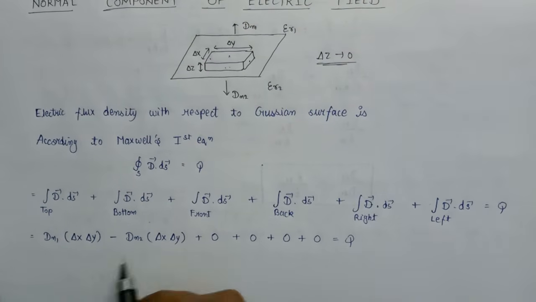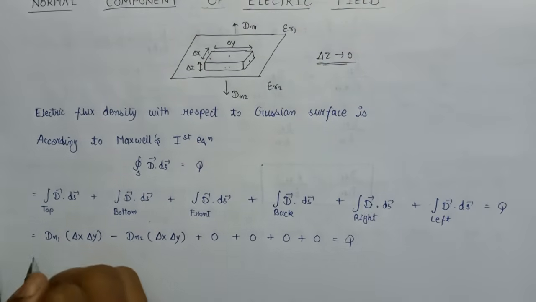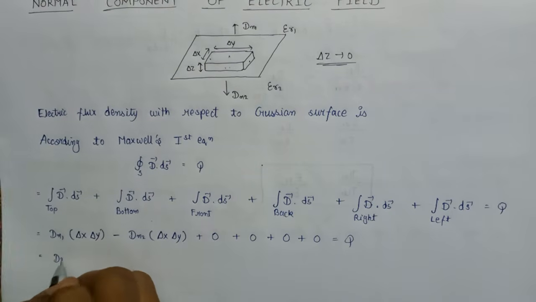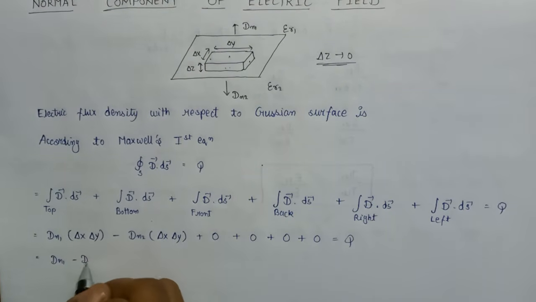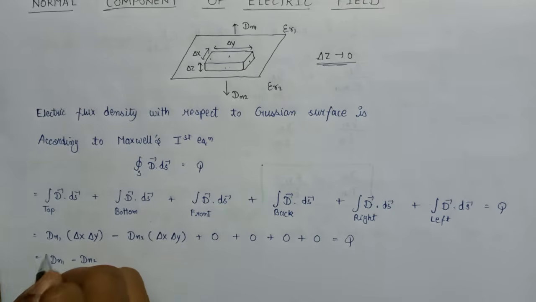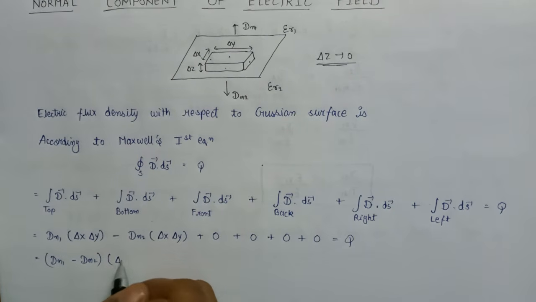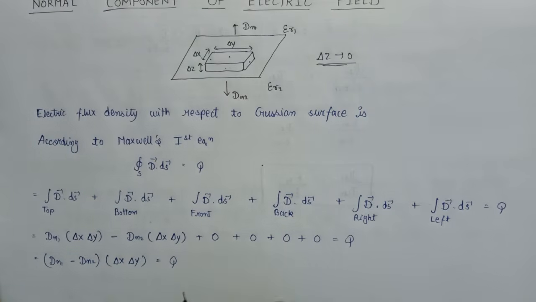Now on taking del x and del y as common, we get Dn1 minus Dn2 times del x del y is equal to the charge enclosed by that surface.